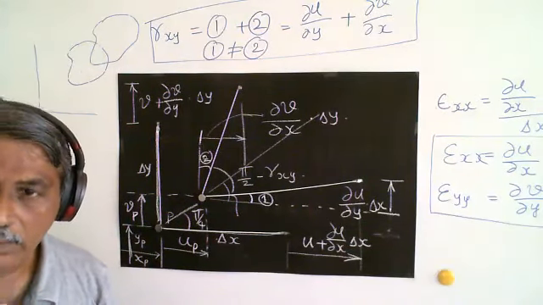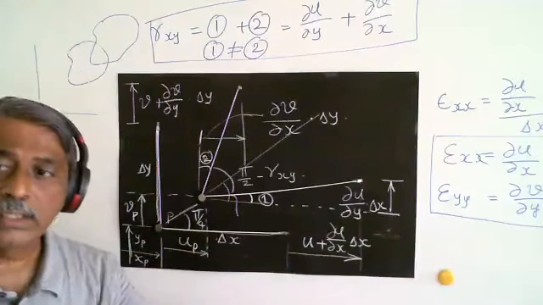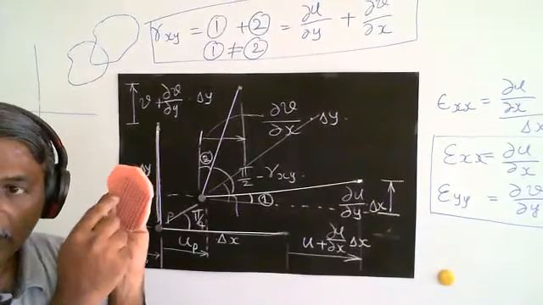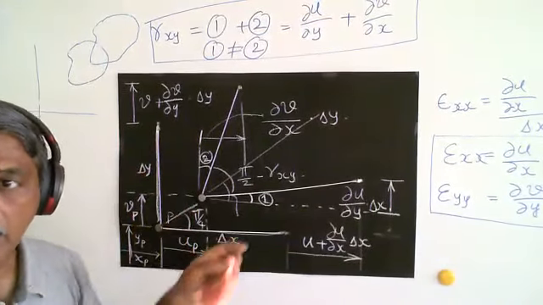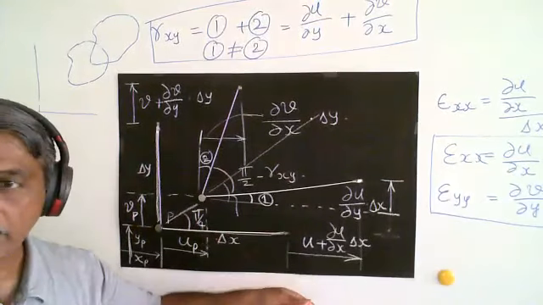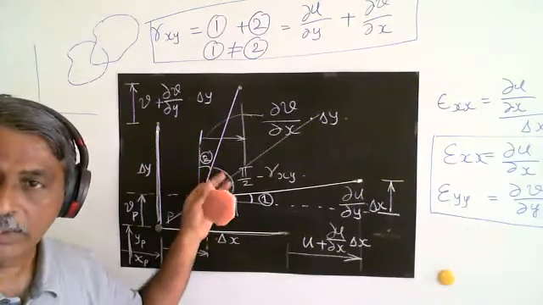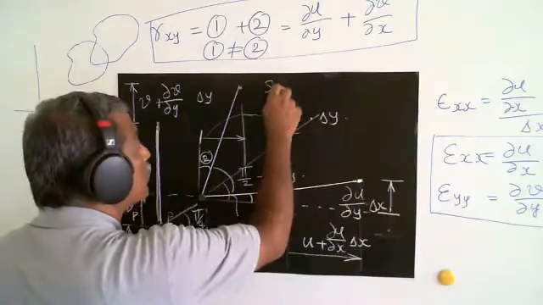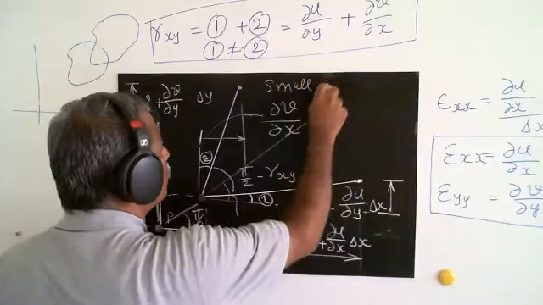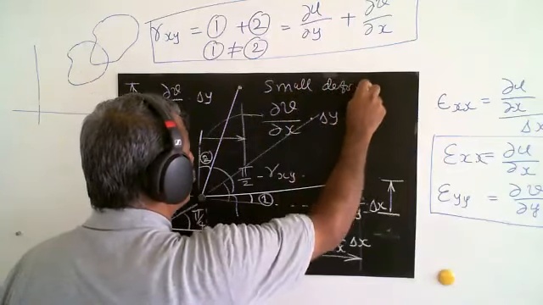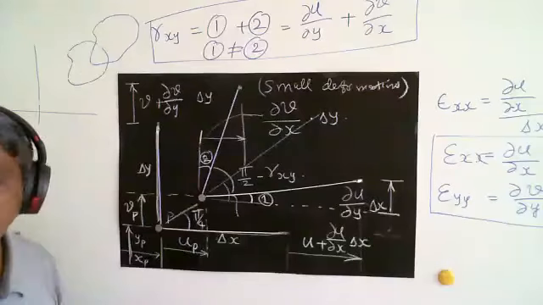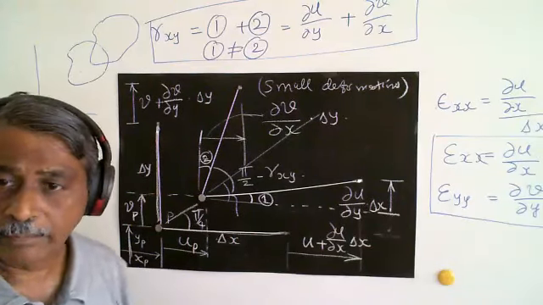So deformation could cause rotation in the infinitesimal body, infinitesimal point of the body. And I should remove that rigid body rotation in order to do this. But all these calculations are for small deformations. Okay, that's the idea.